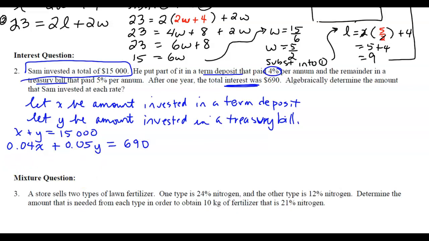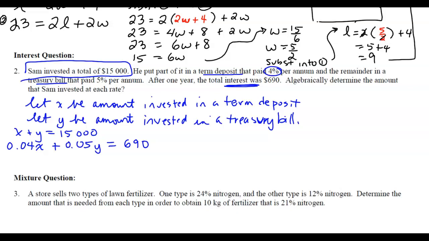So this one has two equations. The first one's pretty nice, right? It's X plus Y. So you could solve for X or solve for Y and substitute it in. The second one has decimals. So if you wanted to use elimination, then you would multiply by what to get rid of those decimals with a nice number? 100. 10 is if it's one decimal place. 100 moves it 2 decimal places.